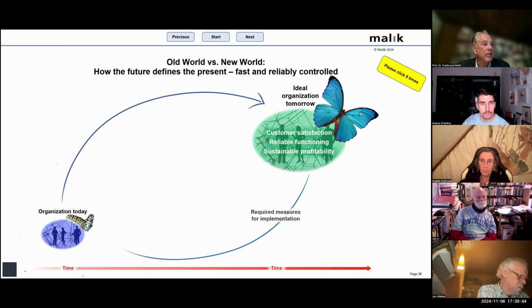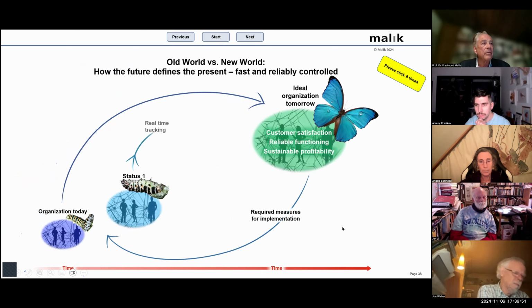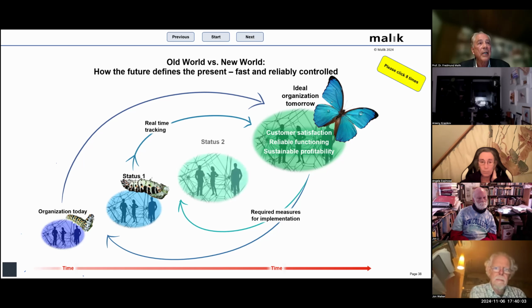You see it, there is no need to talk about it. Status 1, and this is just a totally different animal than this one. We all know that, even from childhood. Required measures for implementation, status 2, and then we end up at this totally different animal, the butterfly.